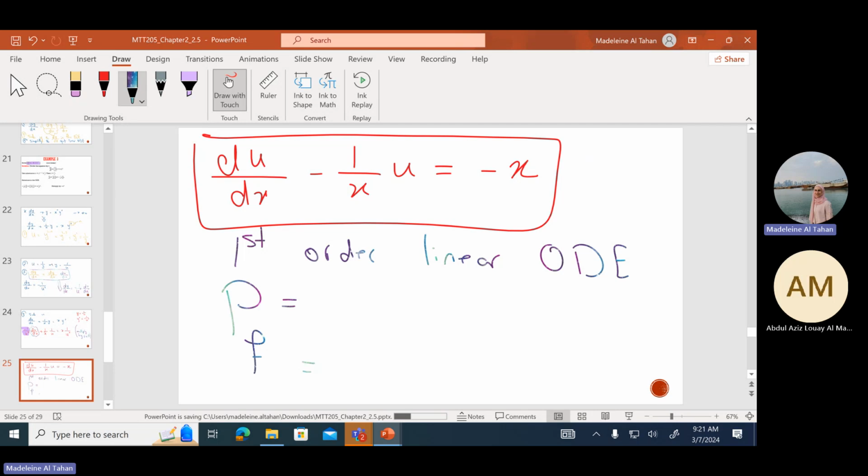Yes. So determine your P, determine your A, go to your course notes and try to solve this linear one together.